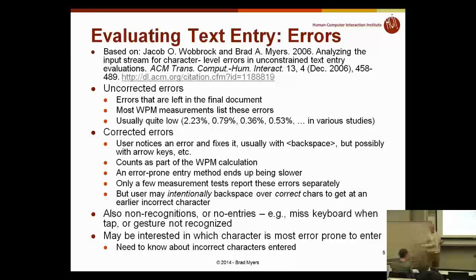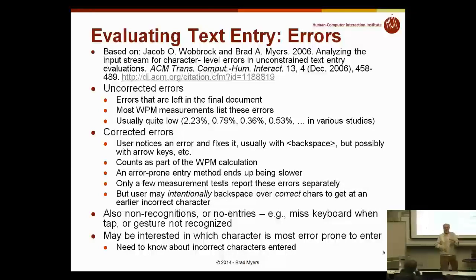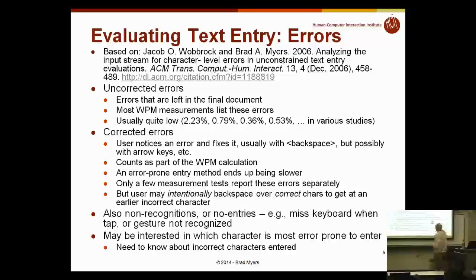It's measuring both the speed at which you can enter stuff as well as the speed at which you can notice and then correct things if you do something wrong. So corrected errors are generally built into the words per minute counts that you see. Obviously, if you can enter text more accurately and don't make any mistakes, then the WPM is going to be faster, and an error-prone method tends to be slower.